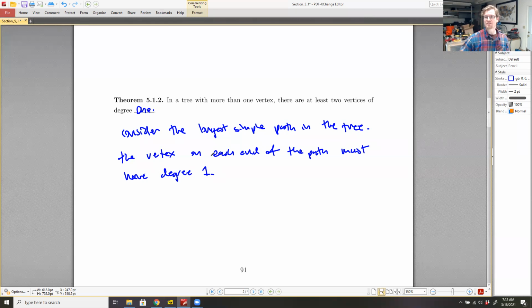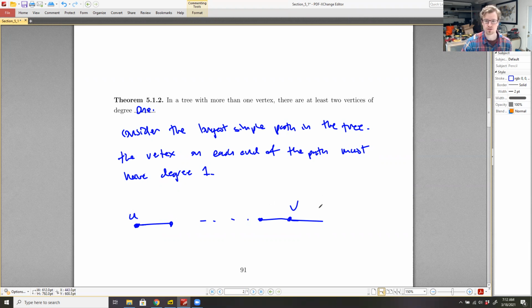So if it is in fact the longest one, then it cannot be extended any further. So if my path comes up to here and this is the end, and let's say this is the beginning here, so if this is u and v for some uv path, and this one is the longest and the degree was more than 1, then it could actually continue on.